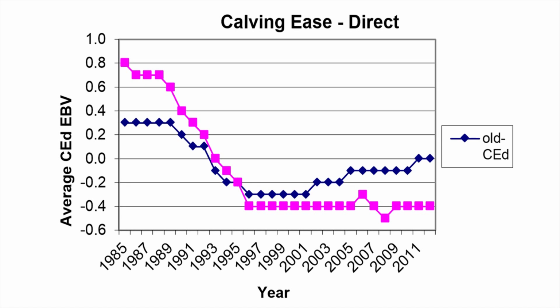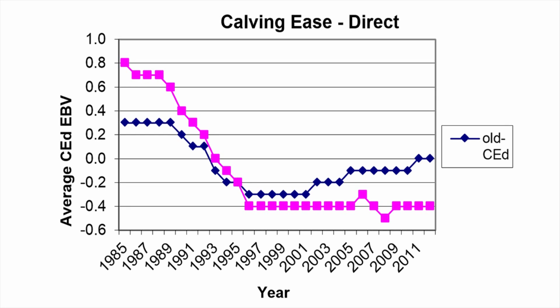And I think that's almost entirely explicable by the fact that there's been an upward trend in birth weight, and that contributes to calving ease, and the gestation length. The thing we're seeing here is not such a useful trend in calving ease as we thought was the case.